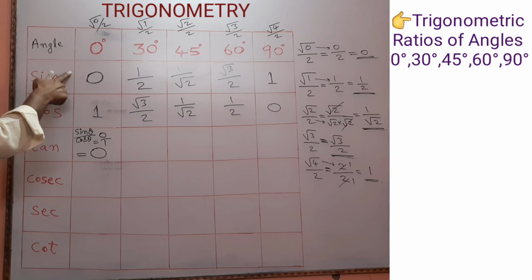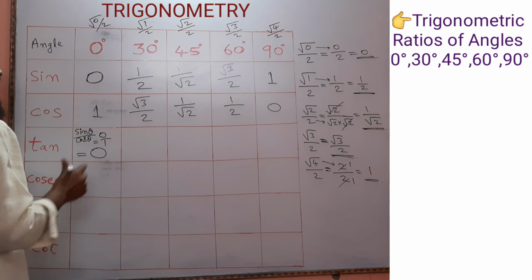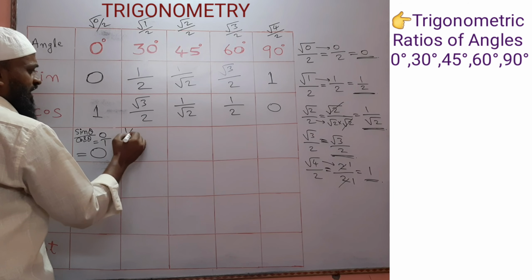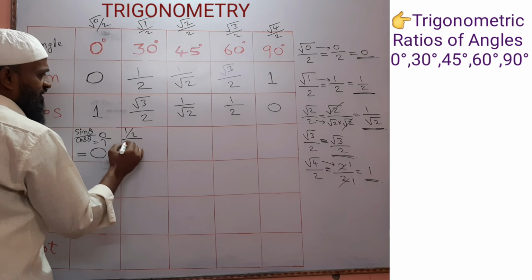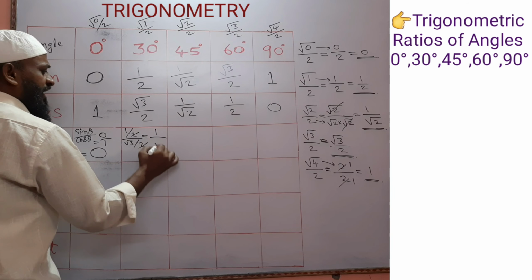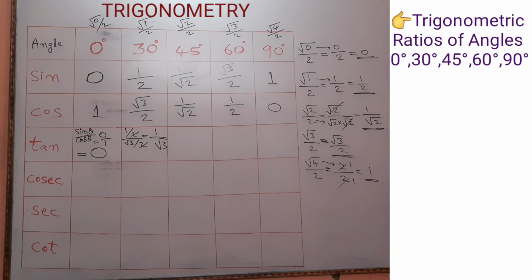So sin 0 and cos 0 divide, then we get tan value. So tan 0 is what? 0. Same like this, sin 30 by cos 30 is tan 30. Sin 30 is 1 by 2, cos 30 is root 3 by 2. These two 2s get cancelled. Remaining is 1 by root 3. So tan 30 value is 1 by root 3.